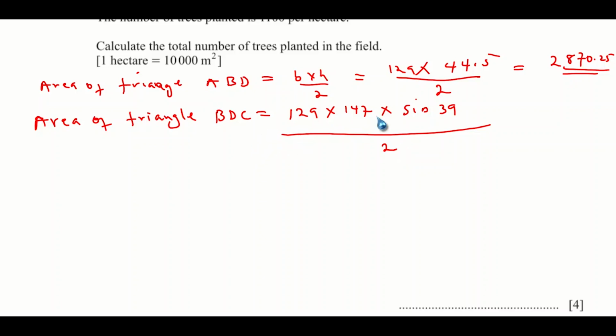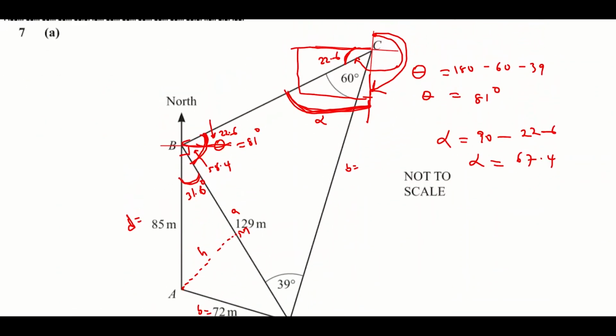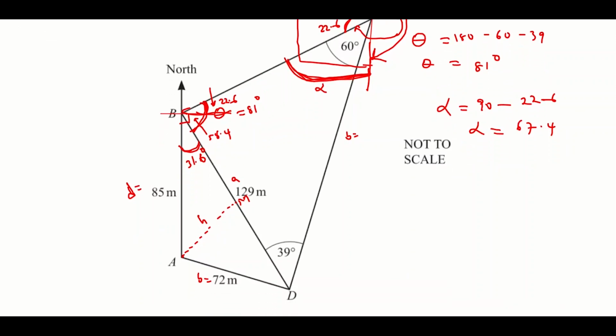Okay, so if I input this into my calculator straight away, I'll get the area to be 5,966.9 square centimeters. So the area of the field now will be the area of ADCB.